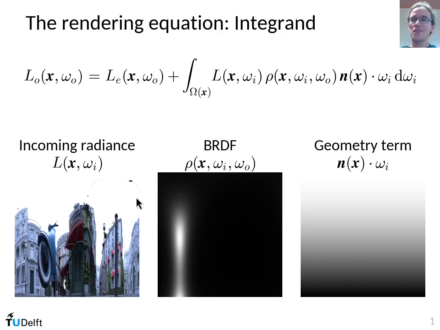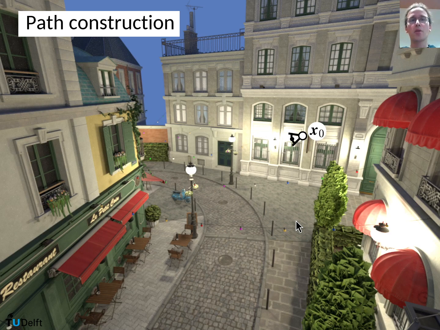As a reminder, last week we learned about the rendering equation, which requires us to compute an integral over 3 factors: incoming radiance, BRDF, and geometry term. And that models how light propagates in a real scene. And then to solve this, we learned about path tracing.